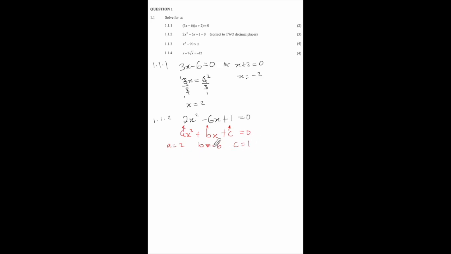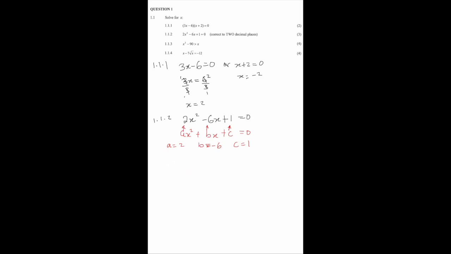And for b here, which is negative 6, it's very important that if it's negative like this, I have to take it as a negative 6. If I leave out this negative, then there will be problems when I substitute into my formula.